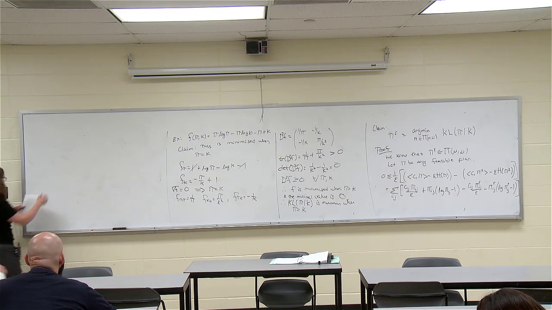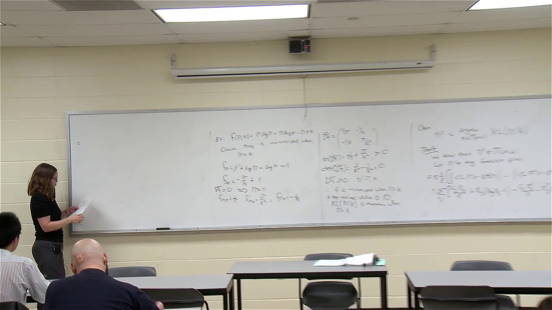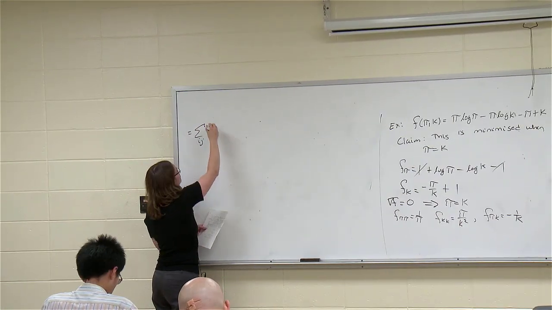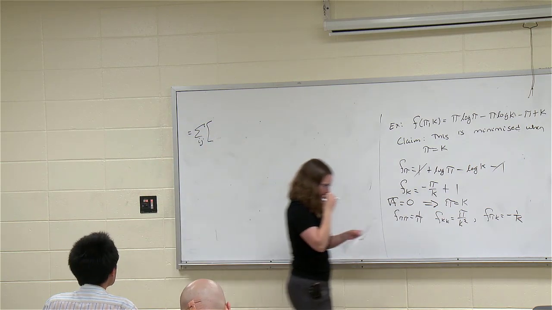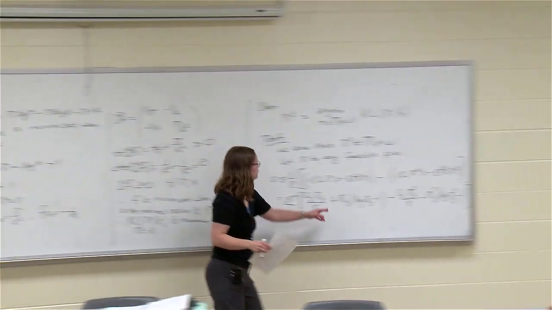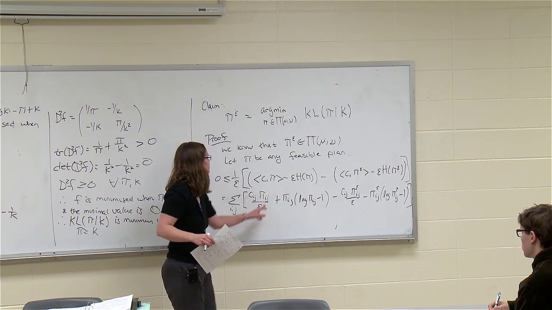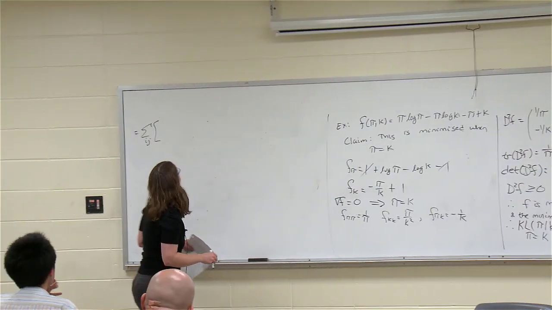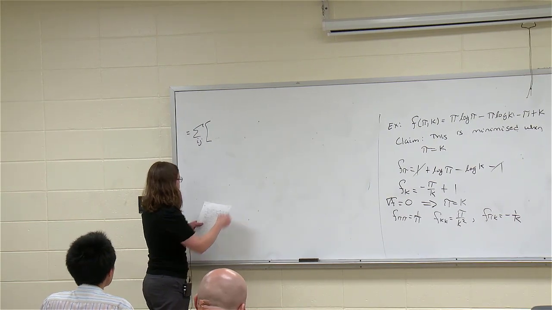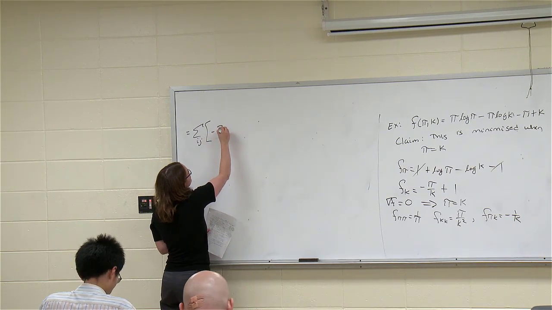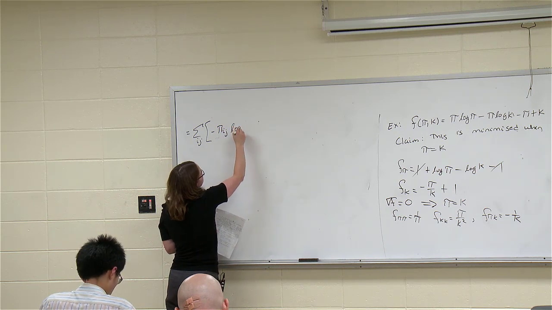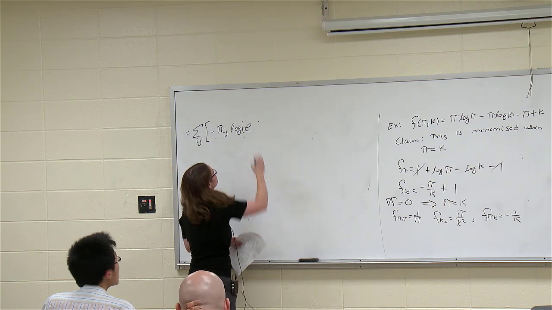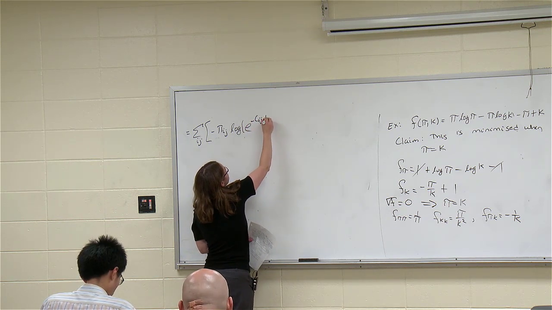Okay, so let's try to rearrange this a little bit. I have pi times a log term. So I'd like to write this as pi times a log term. Okay, so what am I going to do? I'm going to write it as minus pi times the log of the exponential of minus Cij over epsilon.